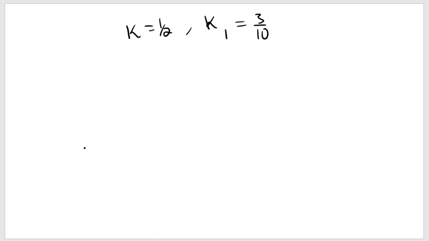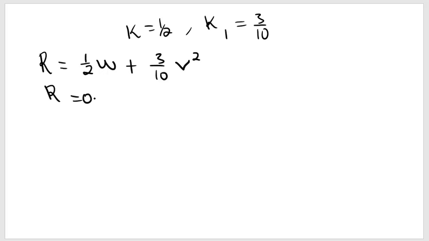So in this case, we are going to have our R to be equal to 1 over 2 W plus the 3 over 10 V squared. We can simplify this further so that we get our R to be equal to 0.5 W plus 0.3 V squared. And this is the relation connecting R, W, and V squared.